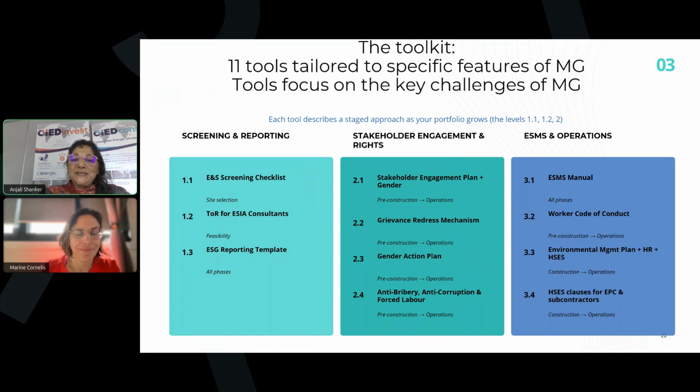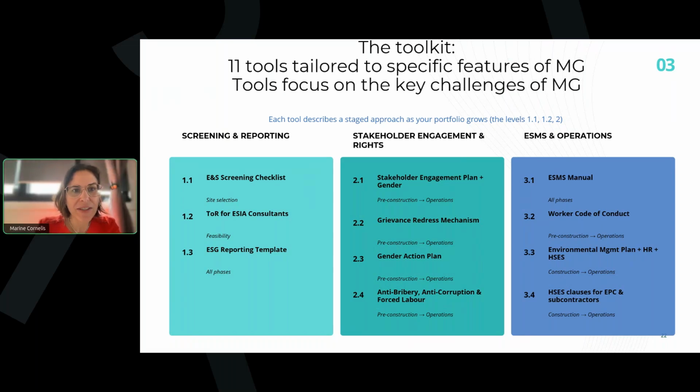Over to you, Marie. Thank you so much, Anjali, and thank you, everyone. So the idea of this toolkit is really to help you navigate the risks, step by step, starting with the screening that will help you identify and fill, if needed, extremely quickly. Then you move on to the stakeholder engagement and rights.